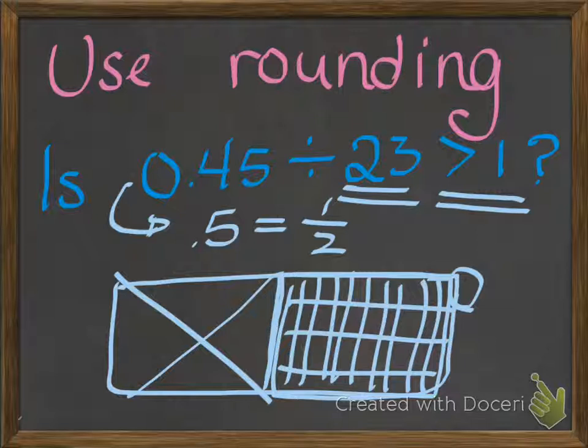So my answer is 0.45 divided by 23 greater than 1? No, it's not. It's less than 1.